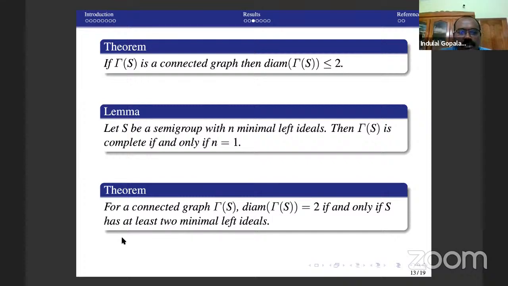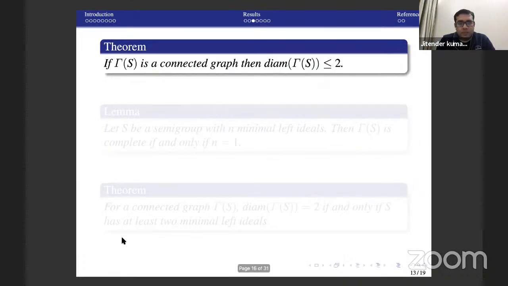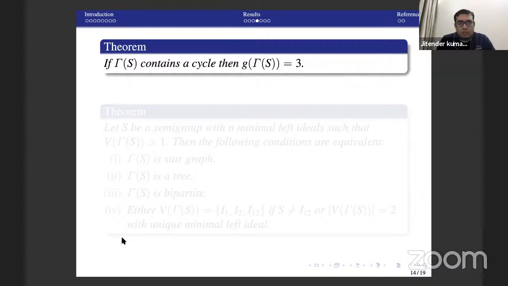And last, you stated that the girth of gamma S is 3, I think. Yes, sir. Has any study been carried out on the circumference of gamma S? Sorry, which study, sir? Circumference, the length of the longest cycle. Okay, I understand your point.